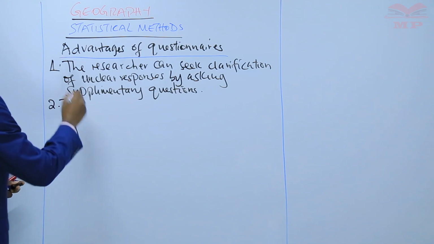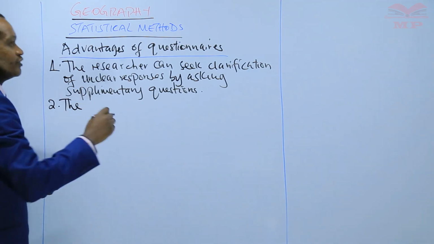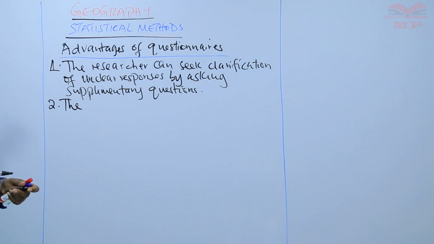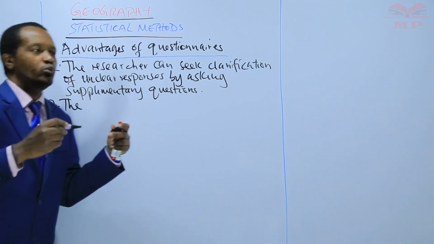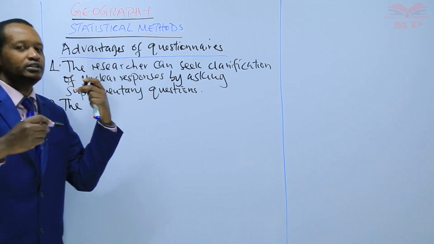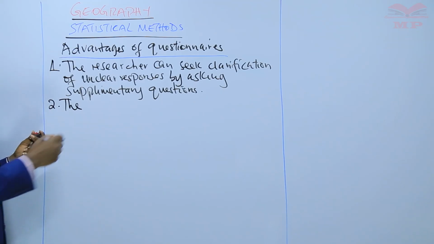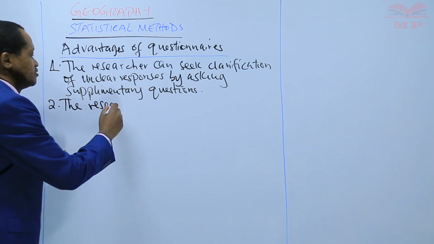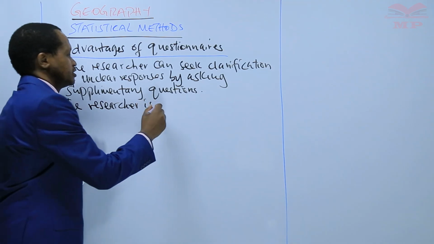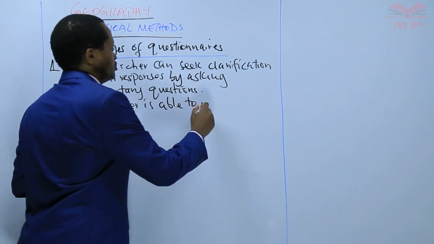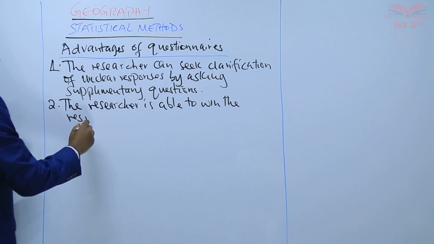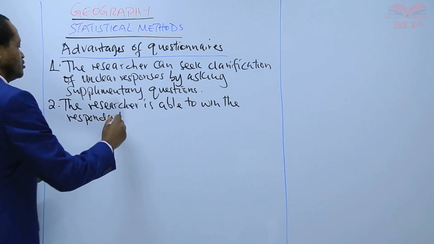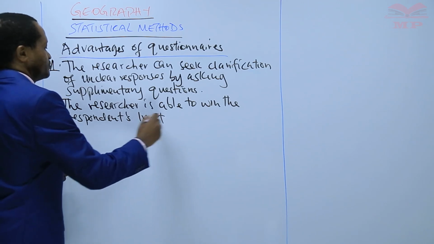What did I say? I said the researcher is able to do what? The researcher is able to win the respondent's trust.